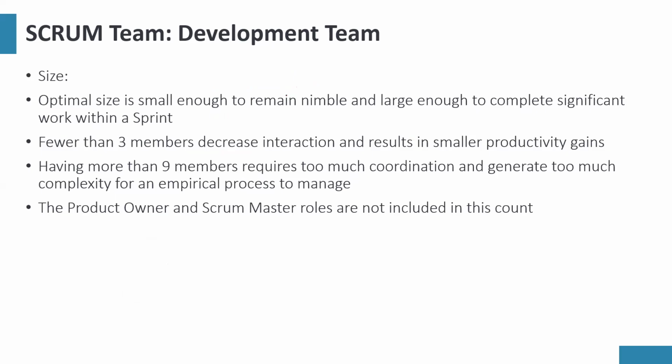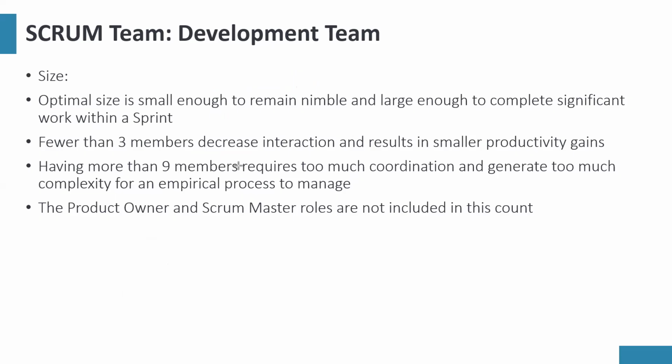Now, the development team should be between 3 to 9, but the Scrum team itself should be 10 or fewer, according to the Scrum guide. So 3 to 9. If it's less than 3, it will result in smaller productivity gains.